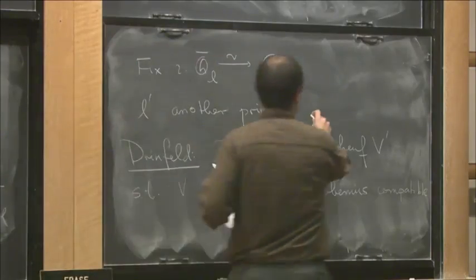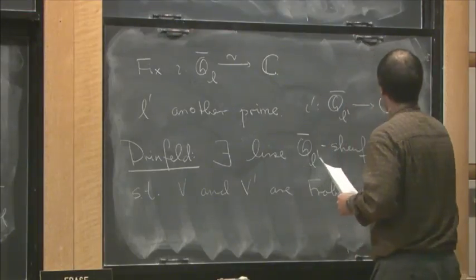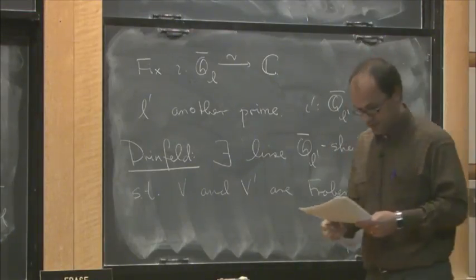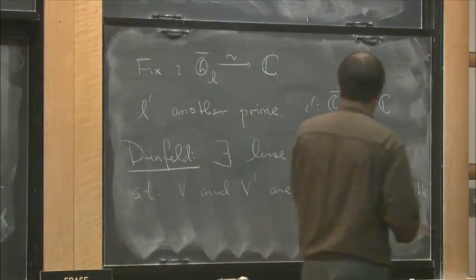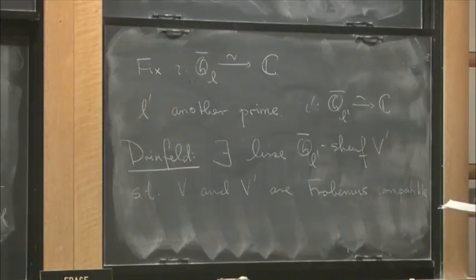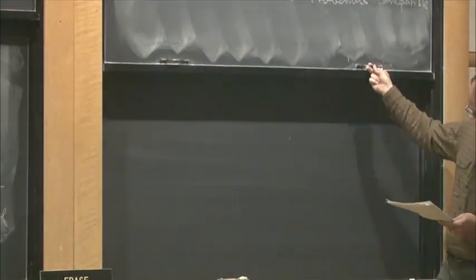I guess I need an iota prime here, under these identifications. Okay. In the case of curves, this is due to Laforgue, and then Drinfeld has this fantastic argument to give in this case.